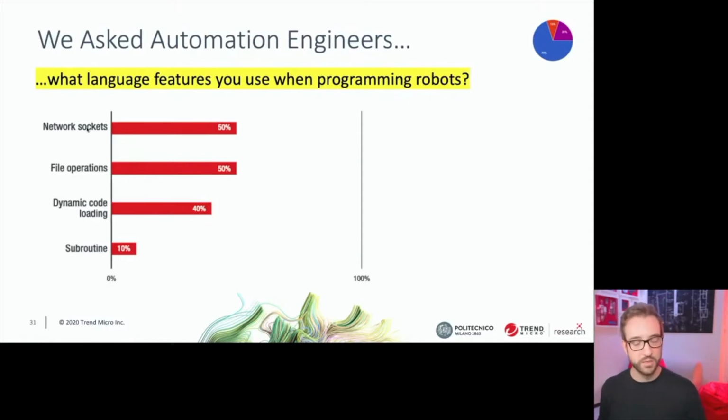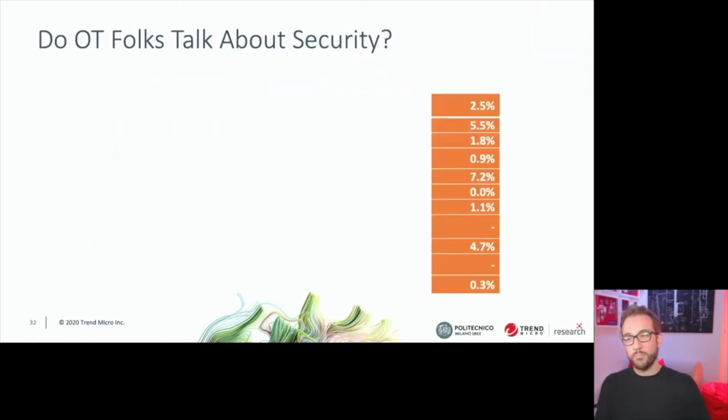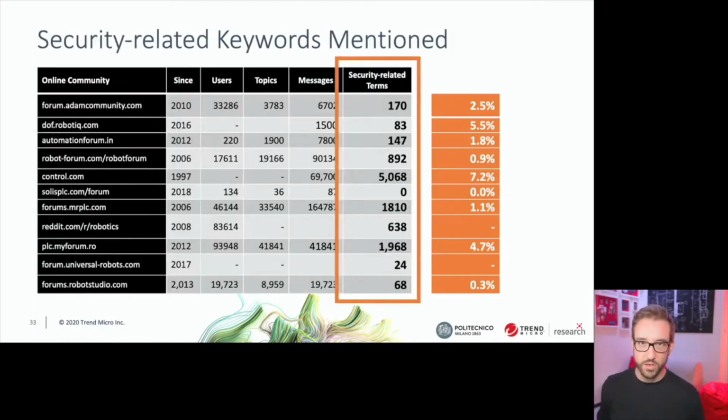So let's expand a little bit more. It seems that automation engineers do not really talk a lot about cybersecurity. The numbers that you see there on the right-hand side of the slide are the estimates of the number of conversations about cybersecurity.